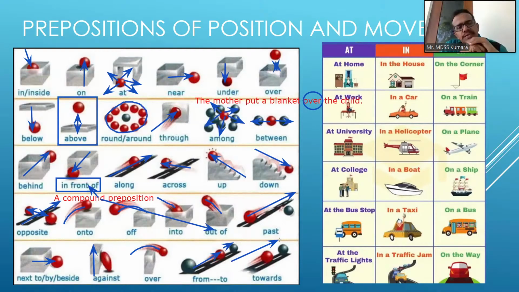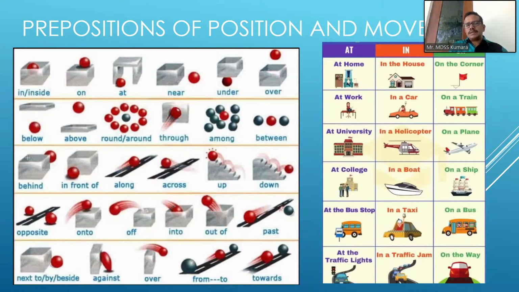So this way you can see there are a lot of prepositions that we can use when we have to describe position and movement. And what is given in the next diagram is an illustration about three similar prepositions used with different nouns.